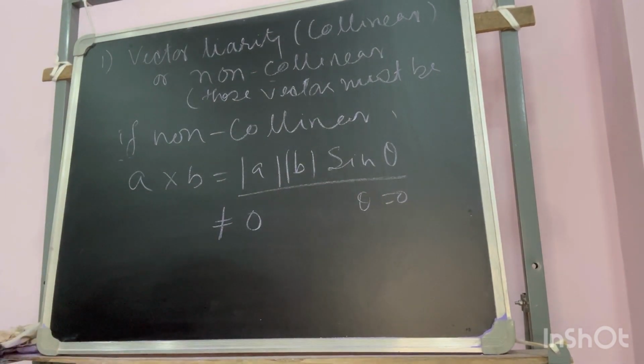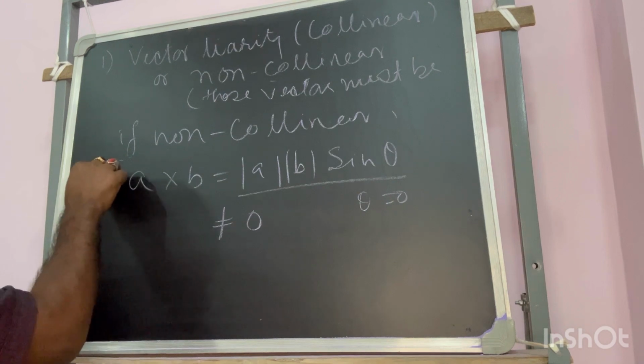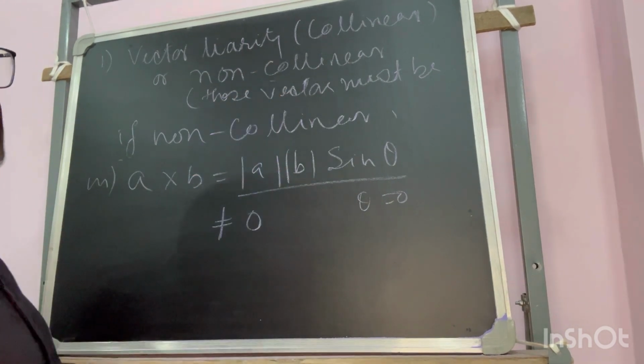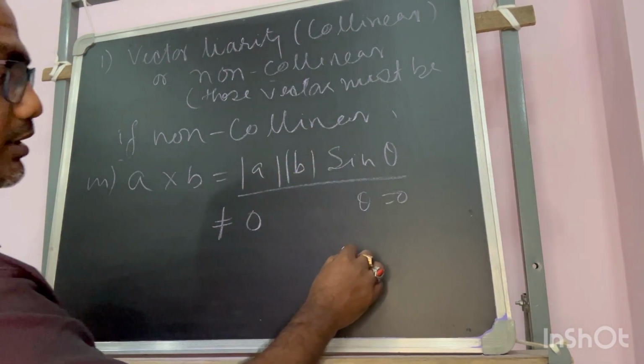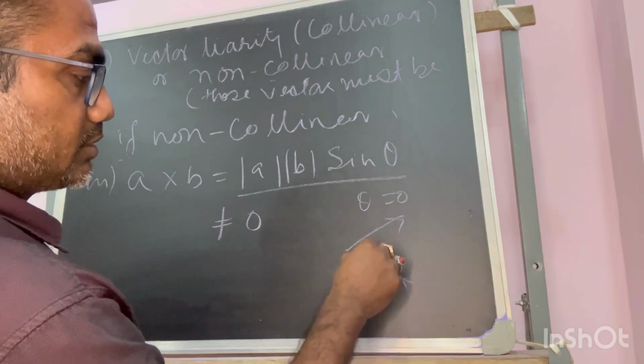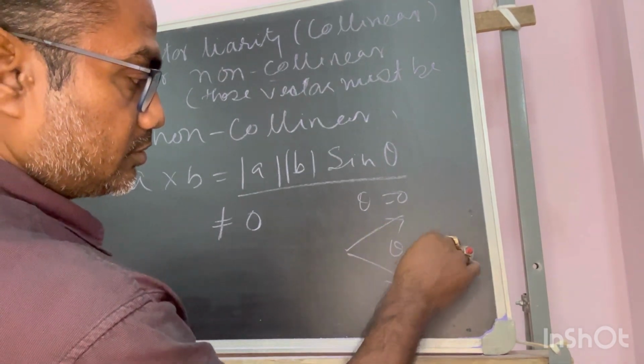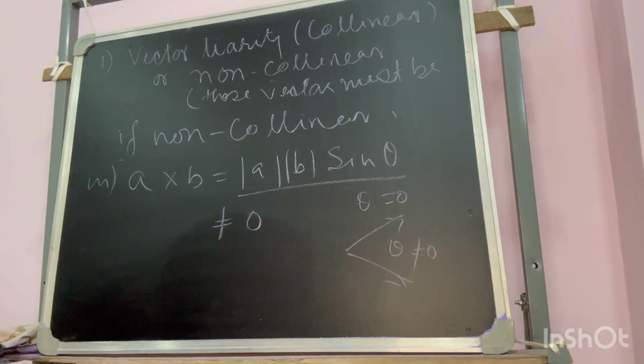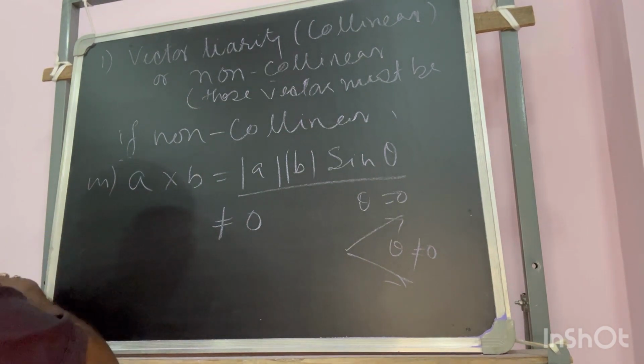So that is another way of cross-checking whether the vectors A and B are collinear or not. In case the angle between the vectors is not 0, then you can say that these are not collinear vectors. So this is one part.